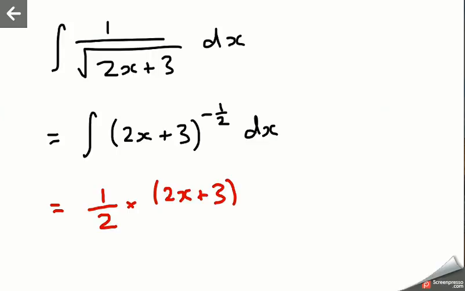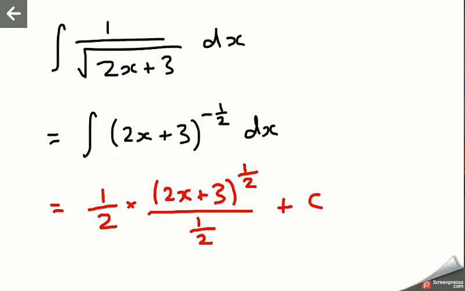Now I've got to add 1 to the power. Negative a half plus 1 is positive a half. So it's (2x + 3)^(1/2). Divide by the new power, so divide by positive a half. And then I'm done. Plus a constant.